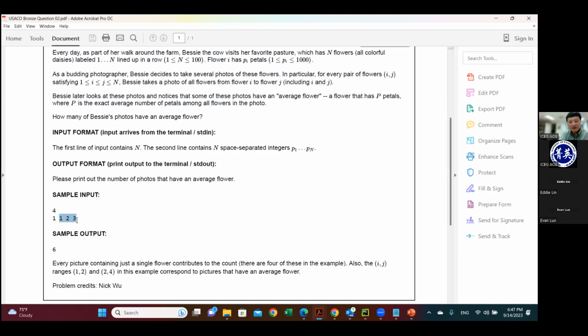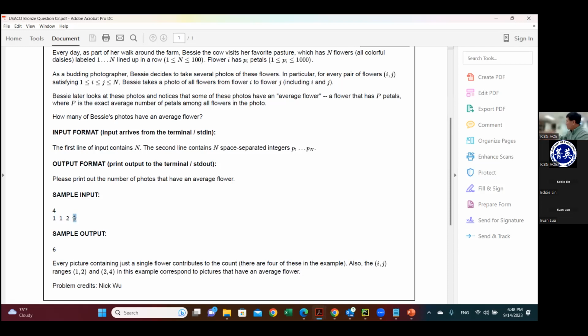No, I don't see it. In pairs? It's not in pairs. It is between I and J included. So every pair of I and J, you see here you have three. I is one, J is, well, I'm talking about the index.